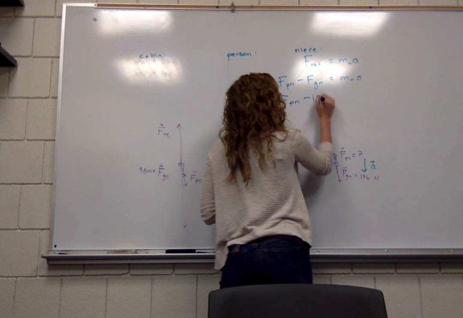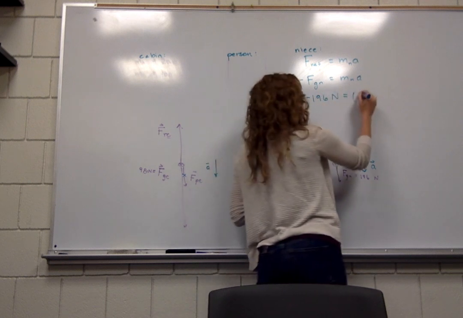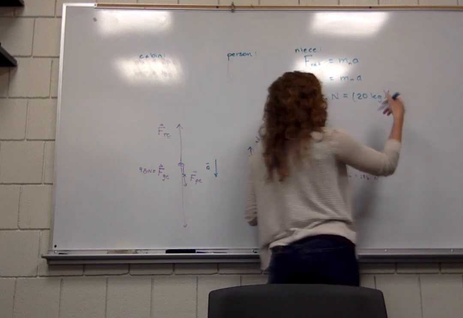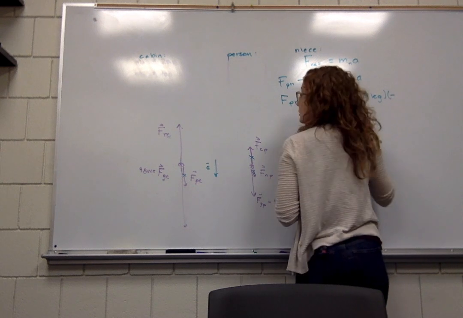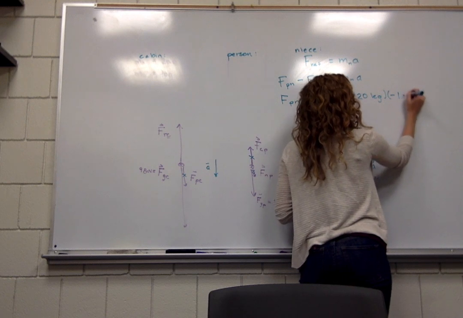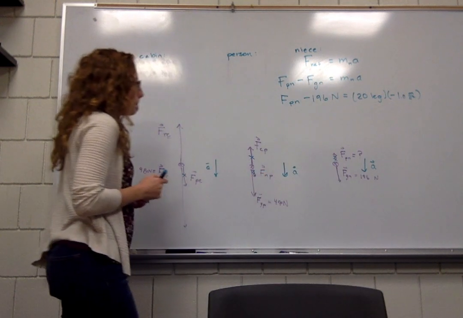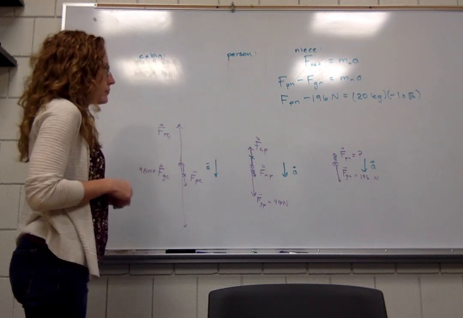So we can plug our numbers in now. The mass of the niece was 120? Yeah. And the acceleration was downward, right? Or is it upward? No, it's downward, and this is 1 meter per second. Excellent.